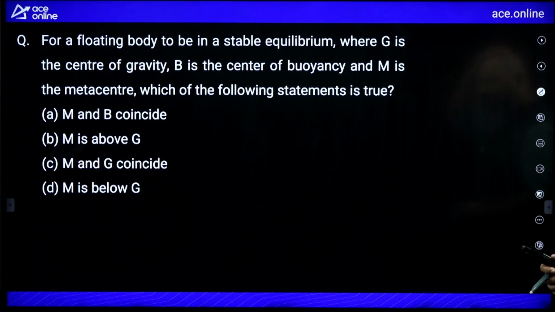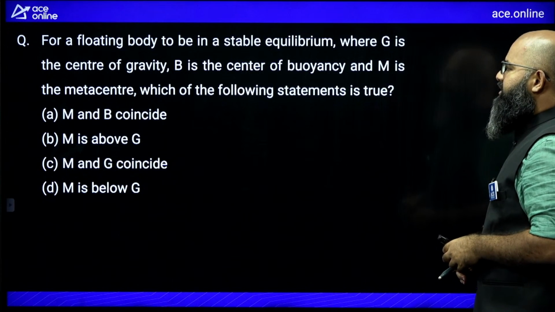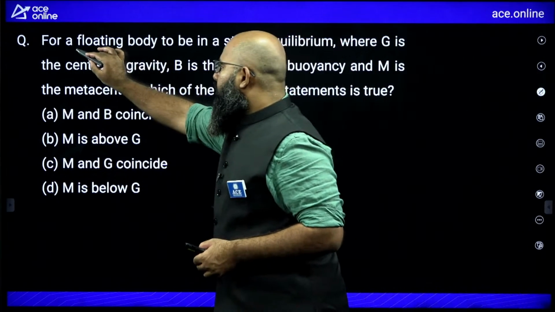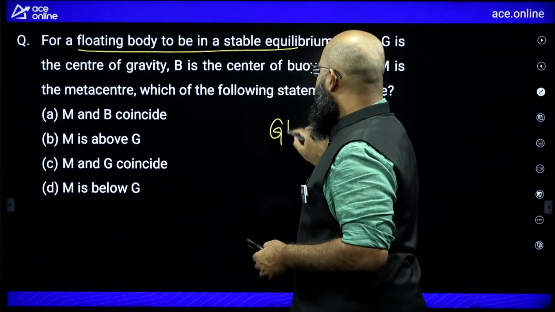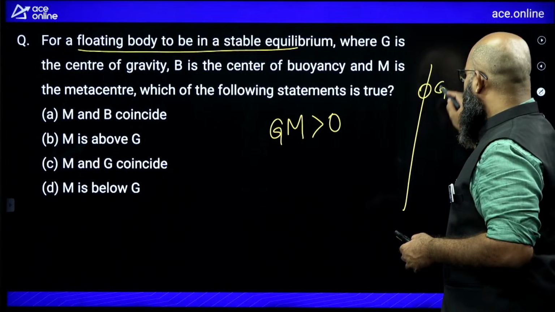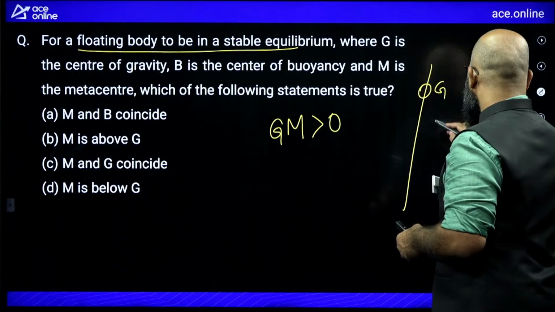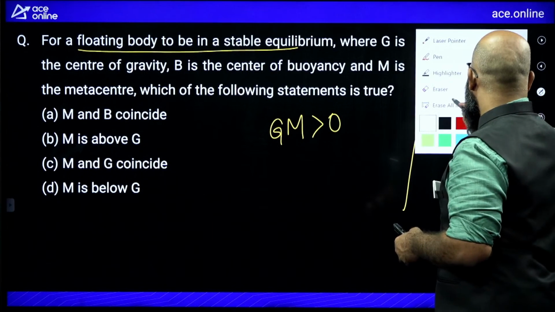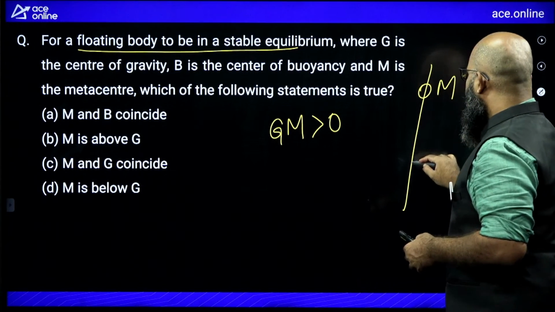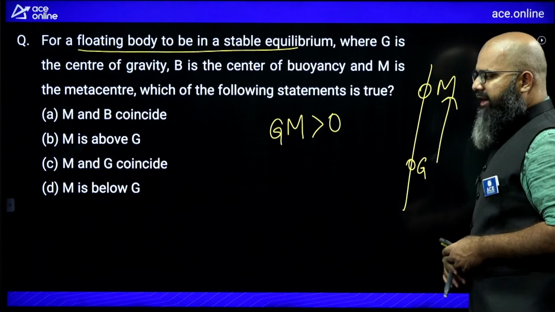For a floating body to be in stable equilibrium, where G is center of gravity, B is center of buoyancy, and M is metacenter, which of the following statements is true? Floating body stable equilibrium means what? GM should be greater than 0. So M should lie above G. GM should be greater than 0 means metacentric height should be greater than 0.